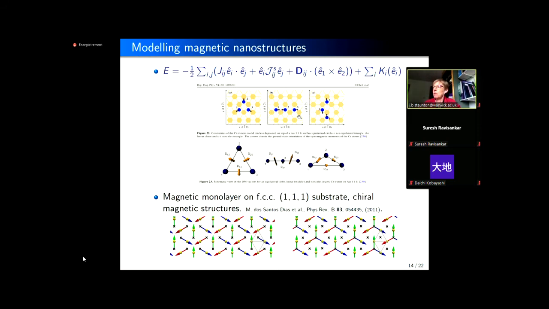The picture up here is actually magnetic chromium atoms deposited on a gold substrate. And what was done in this work was to explore how the interactions depend on the spatial locations of the atoms.